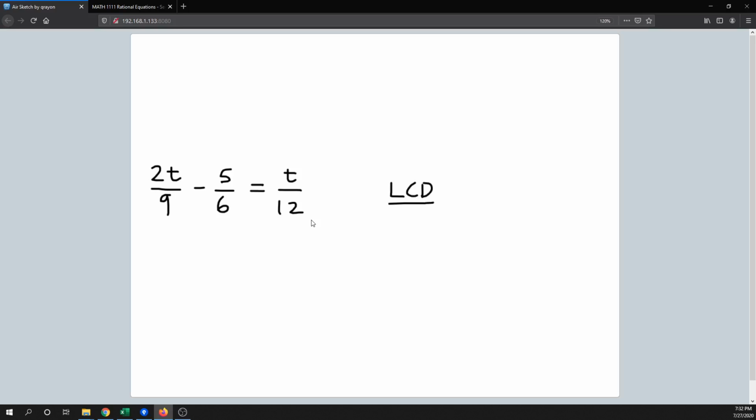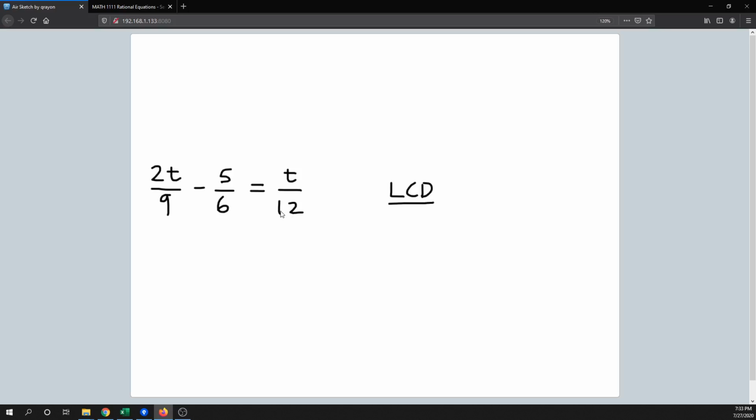One of the ways that you can do that pretty quickly, assuming that you have a calculator, is to start with the largest number here, 12. With 9 and 6, you would check to see if the other numbers go into 12. 6 goes into 12, right?